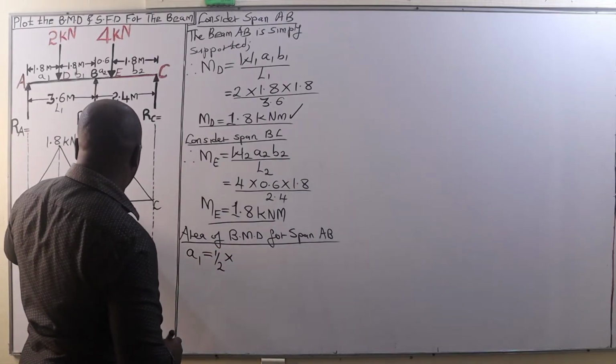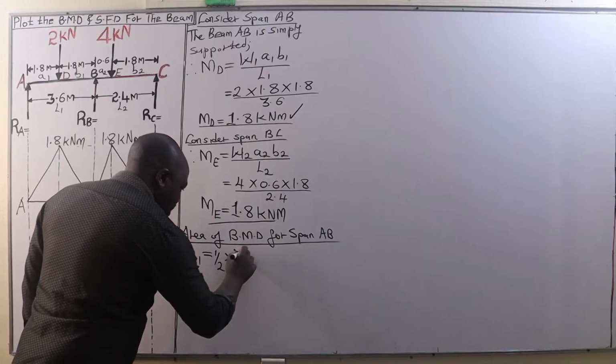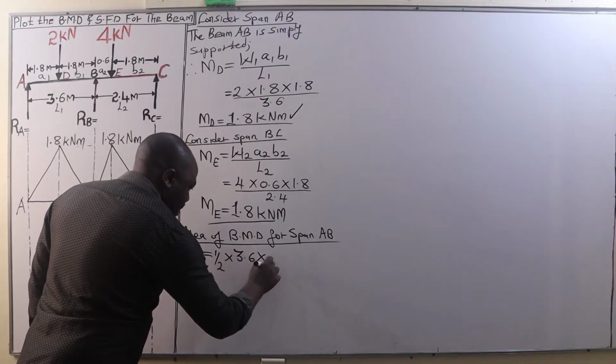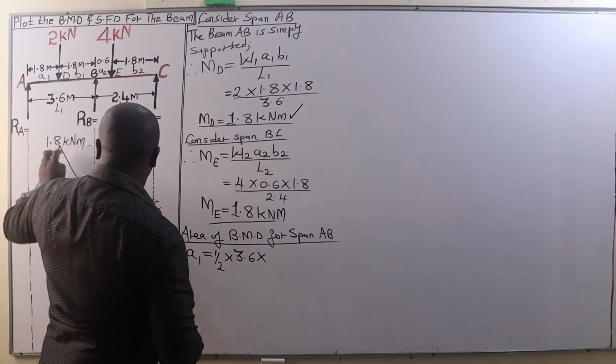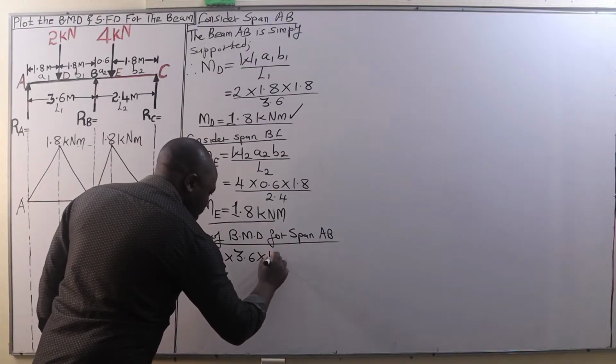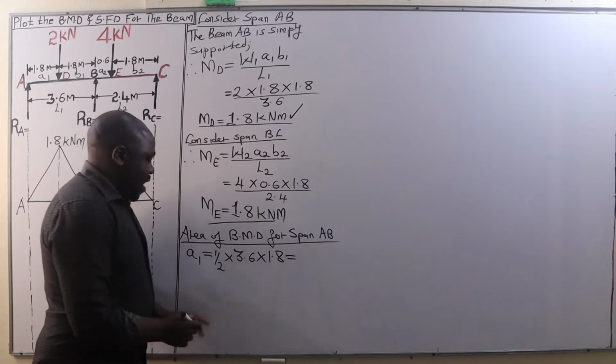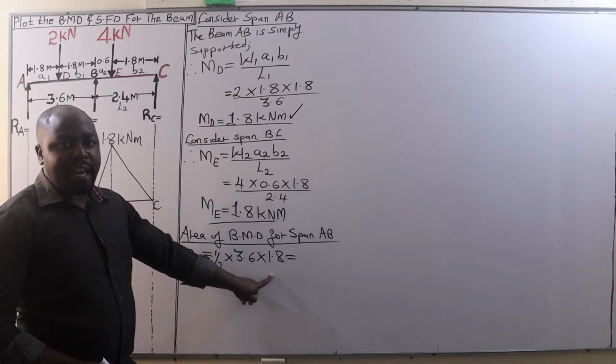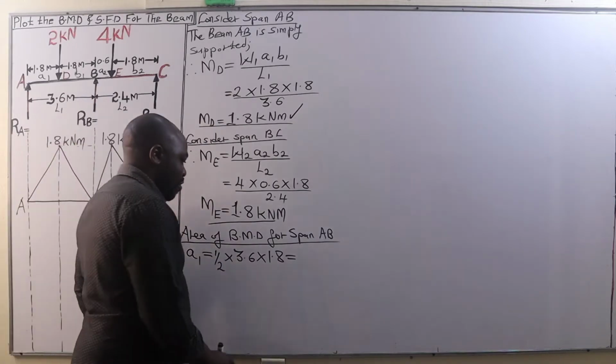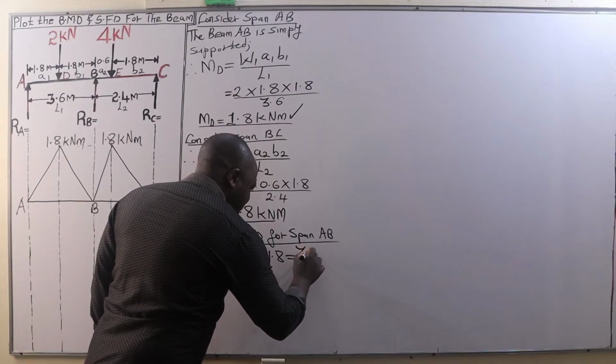The base A to B is 3.6 meters, multiplied by the height, which is 1.8 units. Therefore, this is going to give us 3.24 square meters.